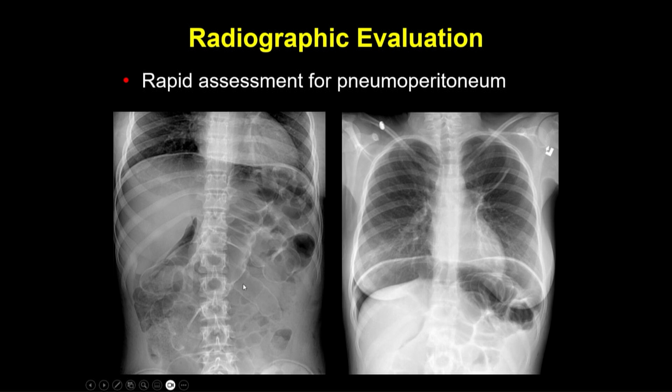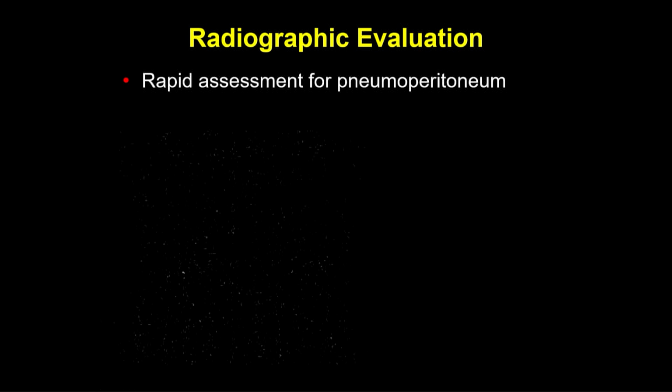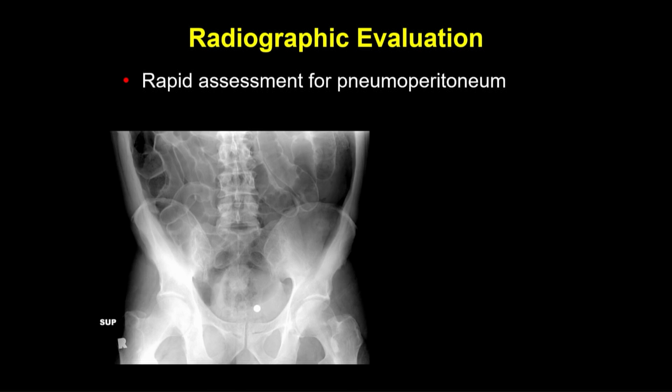In a case like this, obviously we're seeing Rigler sign, we're seeing both sides of the bowel wall delineated by gas, both in the lumen and the peritoneal cavity. Here's the Doge's cap sign in the hepatorenal fossa, and then the continuous diaphragm sign here at the central tendon there. So there's a lot of good findings that, in this case, are quite obvious, but it's really when it's not so obvious that we want to be able to nail it.